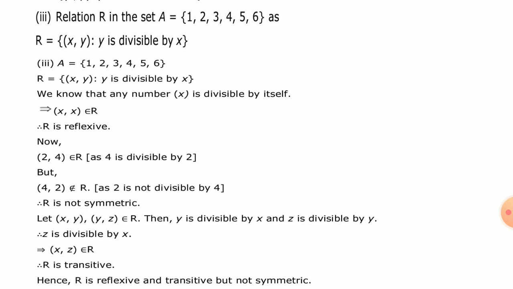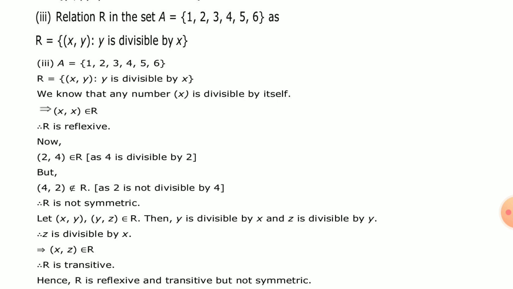We know that any number x is divisible by itself. First of all, here the given relation R is equal to {(x, y): y is divisible by x} in set builder form.